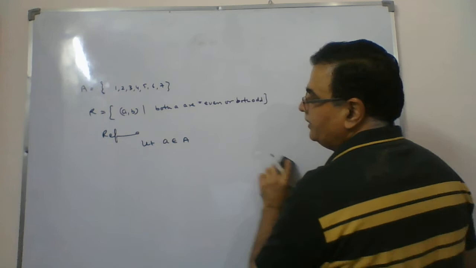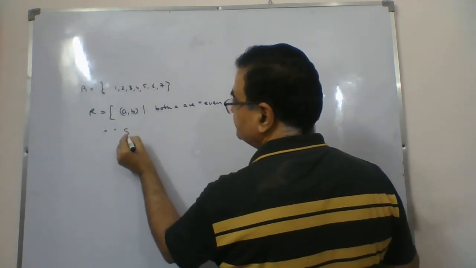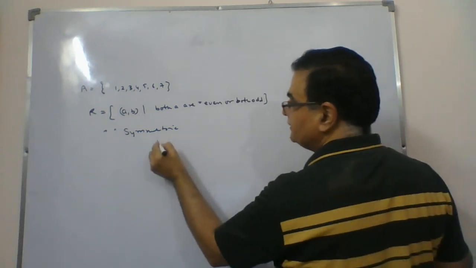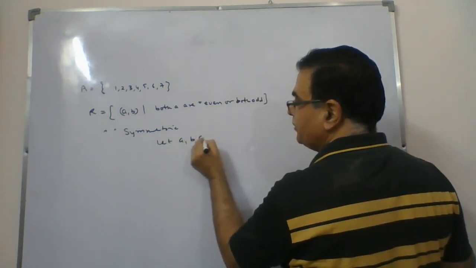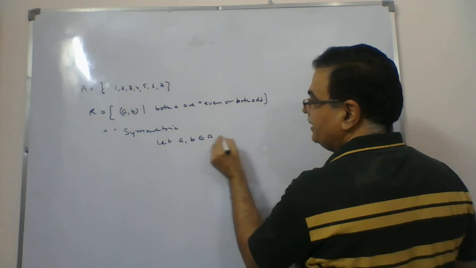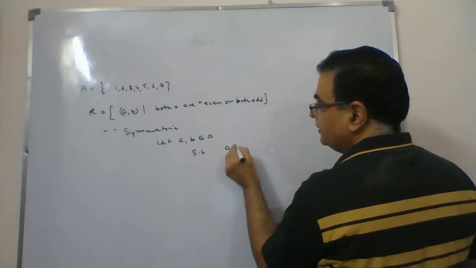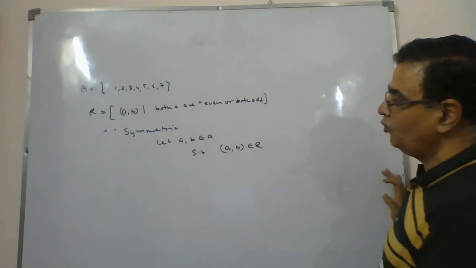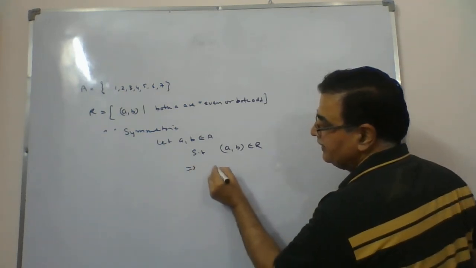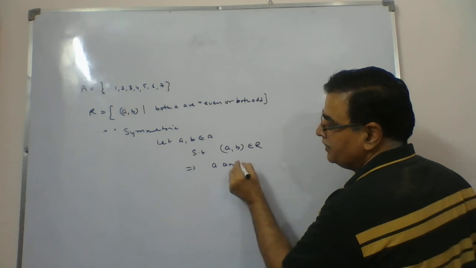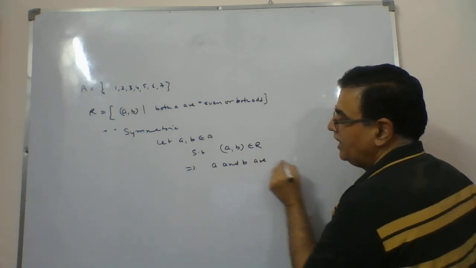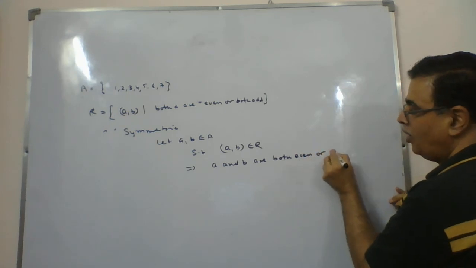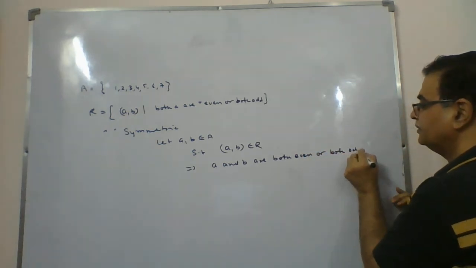Then the second part is the symmetric one. Symmetric will start: let A and B belong to A such that (A, B) belongs to R. When I'm saying (A, B) belongs to R, what does it mean? It says A and B are both even or both odd.